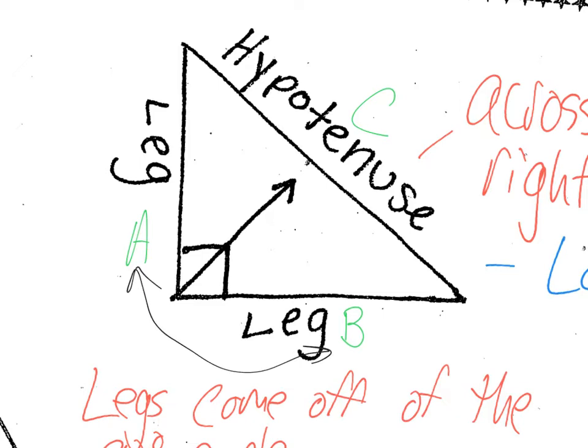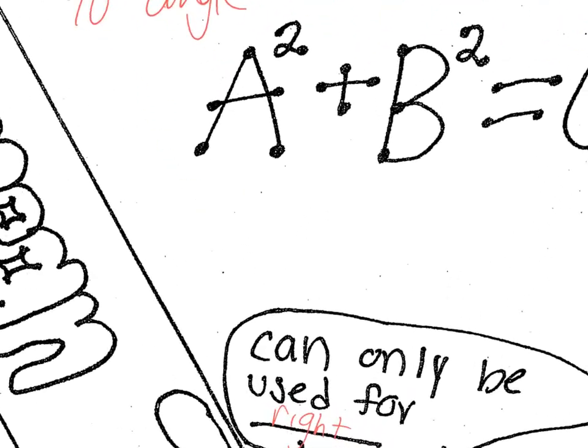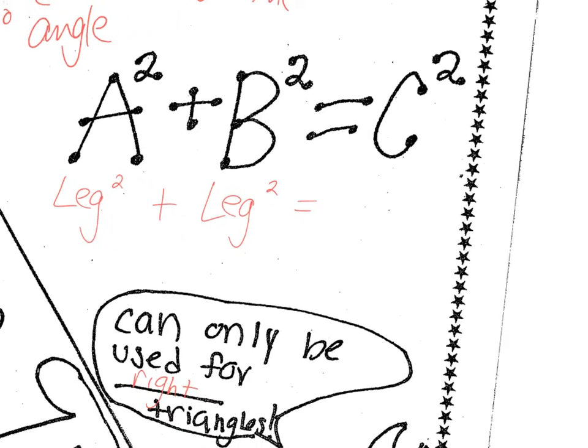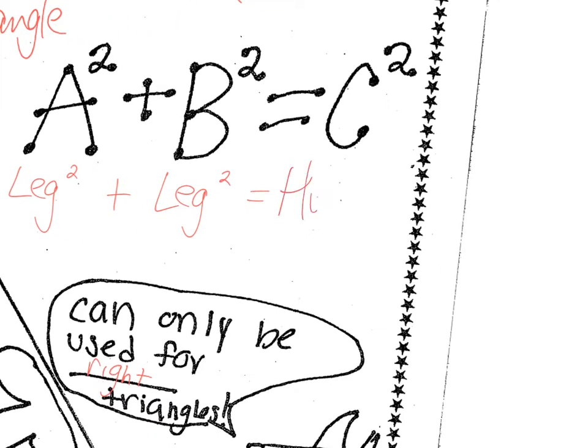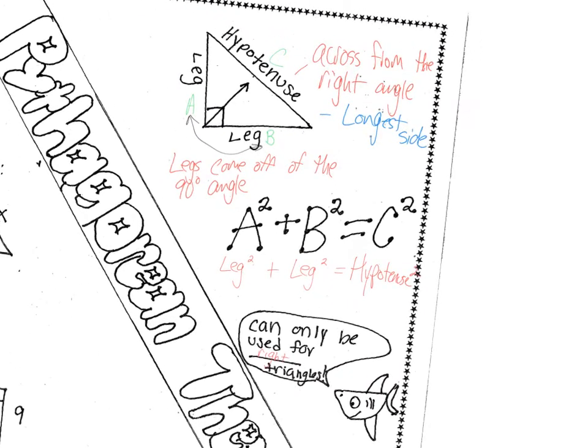It doesn't matter which one is which and which goes where. The other way that I also look at this is to just say leg squared plus leg squared is equal to the hypotenuse squared. So this can only be used for those right triangles.